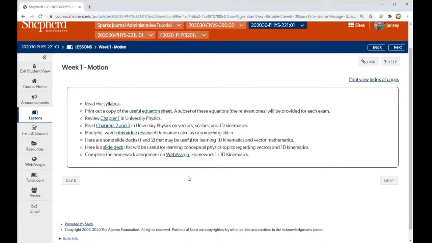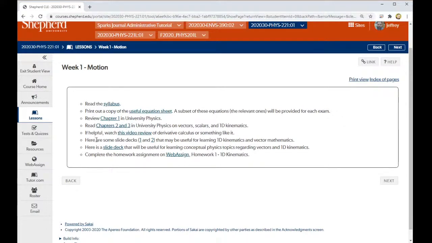I'll give you a subset of these equations on the exam. I put links to chapter 1, which should be a review for most of you. It's an introduction to science and scientific notation, but make sure you are comfortable with that material. The first homework assignment comes from chapters 2 and 3 in the textbook, so that's where you should be reading from.